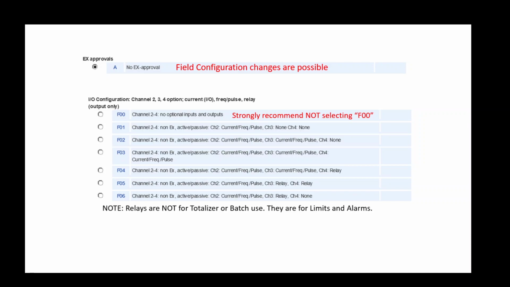That only gives the customer at most a 4 to 20 output, a HART, or a Modbus. Most cases, they're going to want something like a frequency or a pulse, or maybe even a relay. Having mentioned relays, unlike the 1010, the relays on the 230 or the 020 for that matter cannot be used for totalizer or batch counts. They're only for limits and alarms.